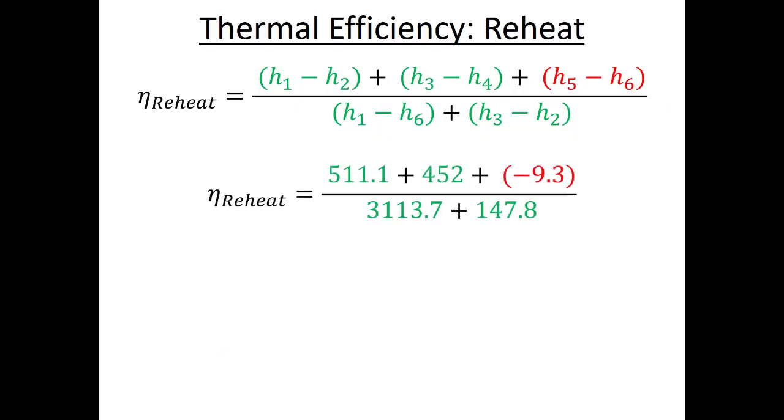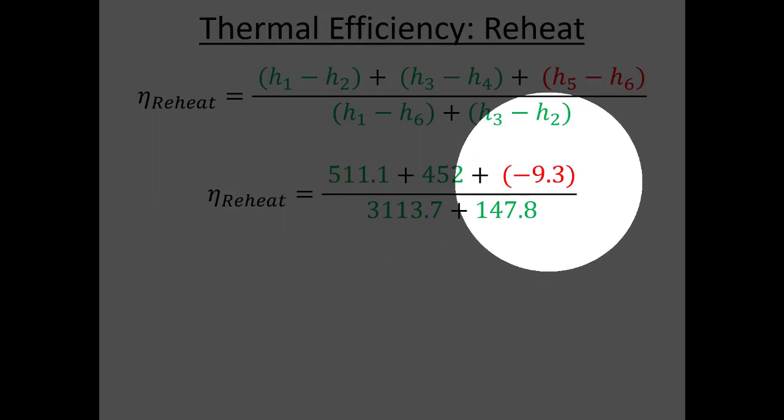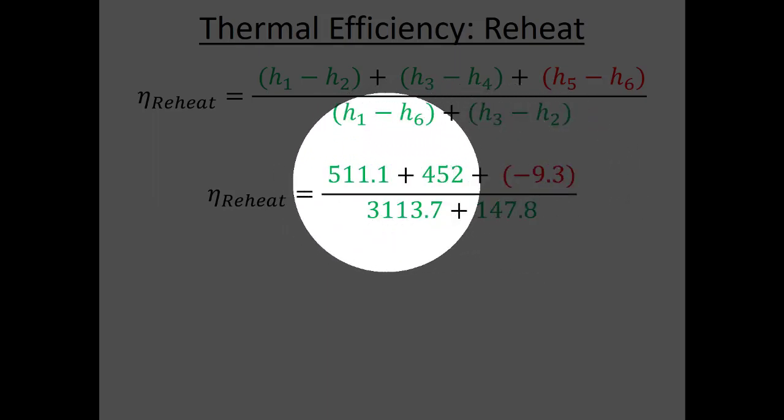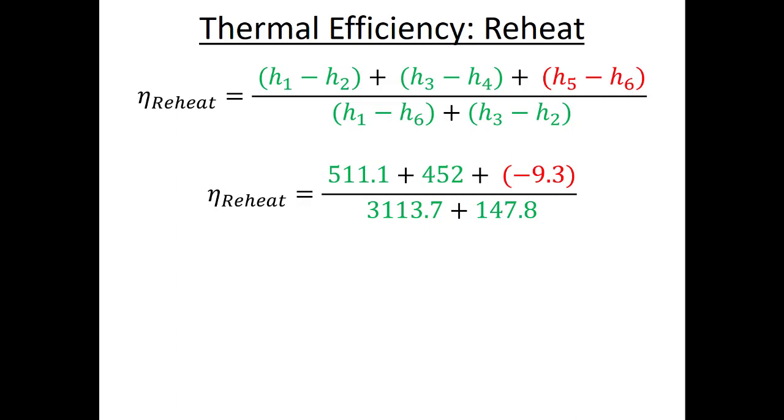So here it's worth double checking. I have these turbine powers, I add those to the pump power, but the pump power is negative, right? So these turbine powers are going to be positive, but the net power is going to come down a little bit because I have this pump. You can always think about this while you're doing the math.